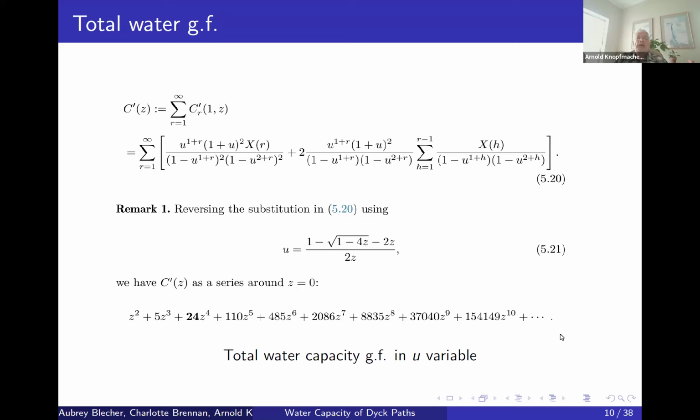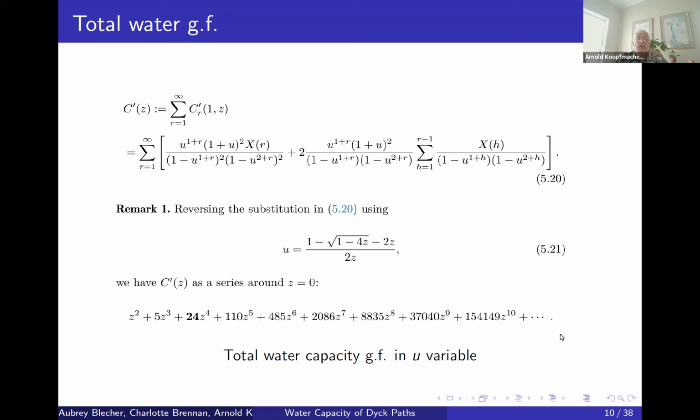So therefore, step one is to go to equation 520, to replace the u by the original z variable, which is 521. And then with the help of computer algebra, which in my case is Mathematica, we do a series, and we try to check for the small cases that actually these coefficients are correct.